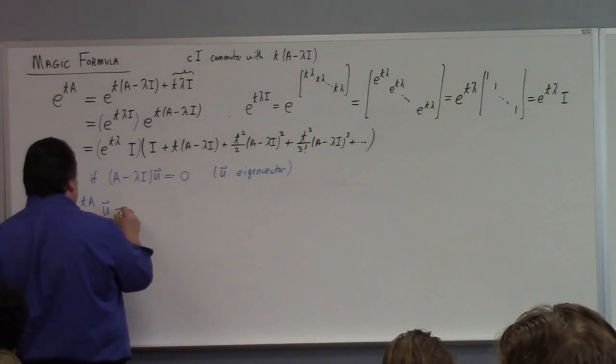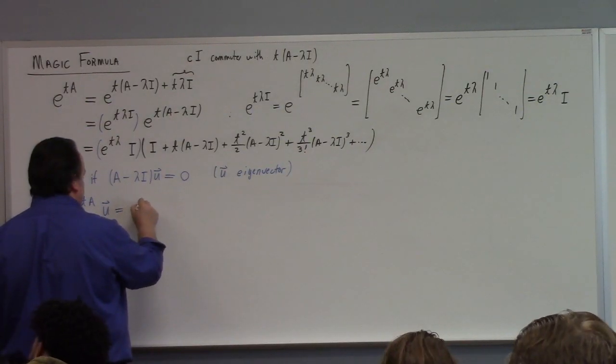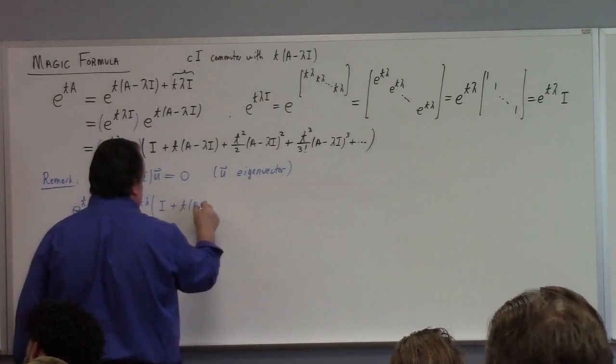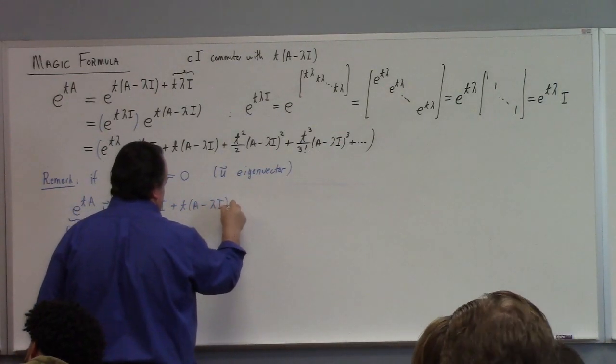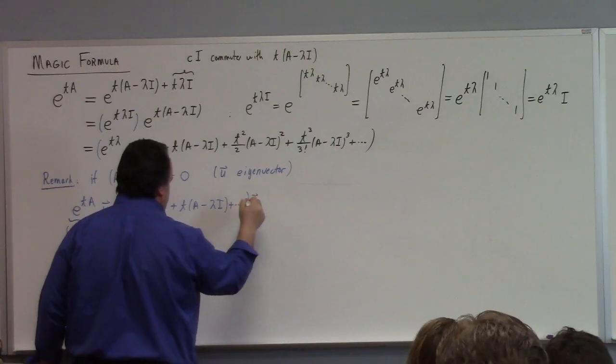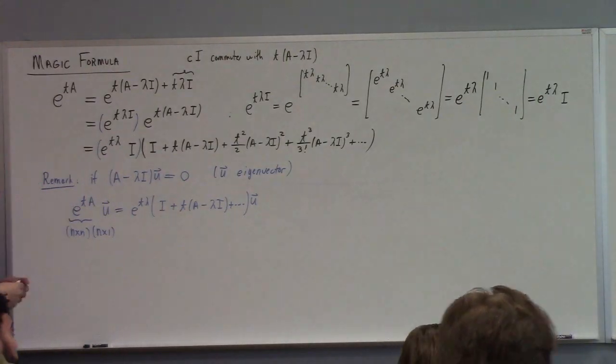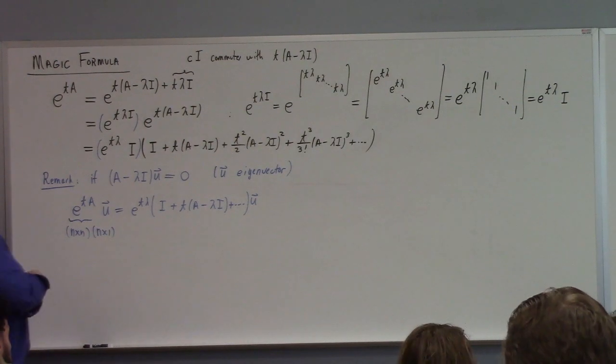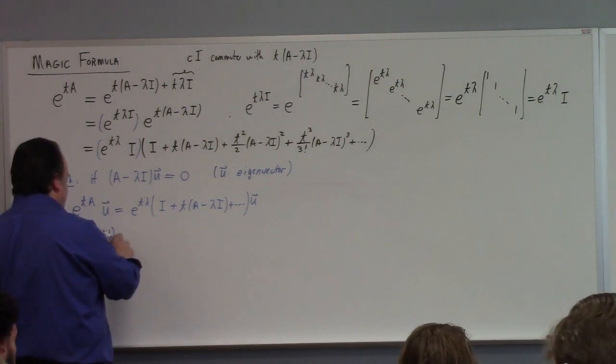So look what happens. We have e to the t lambda times the identity matrix plus t times A minus lambda I, plus dot, dot, dot, right? Multiply that series by u. What happens when the u gets there? We're left with what?